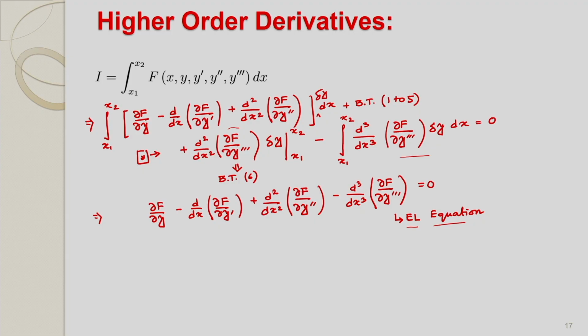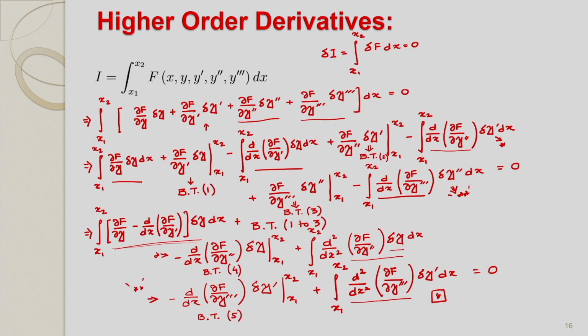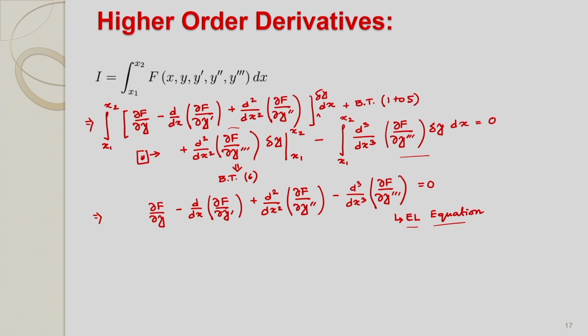Now, the boundary conditions. If we see there are 6 boundary terms, we will first combine the boundary terms having delta y. So, boundary term 1 has delta y, boundary term 3 is delta y double prime, boundary term 4 is delta y, and boundary term 6 is delta y.